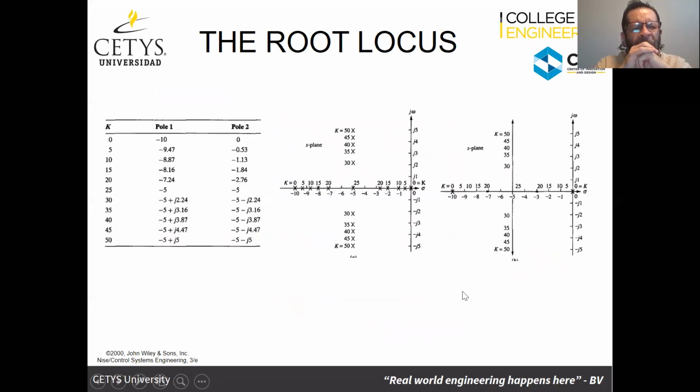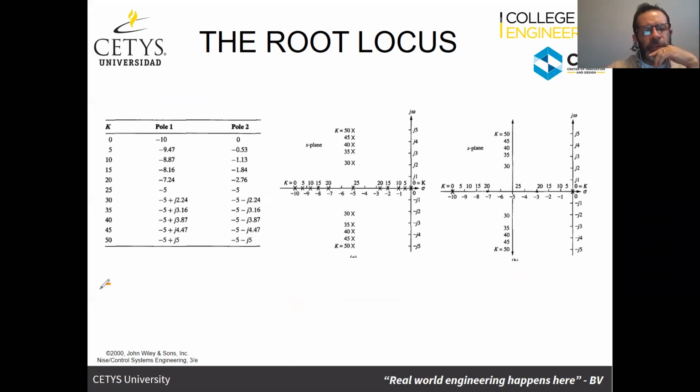If we were to do this manually, basically we would give values to K. And for each of the values of K, we would evaluate the characteristic equation. And I'm just going to write that characteristic equation down here so we can reference it.